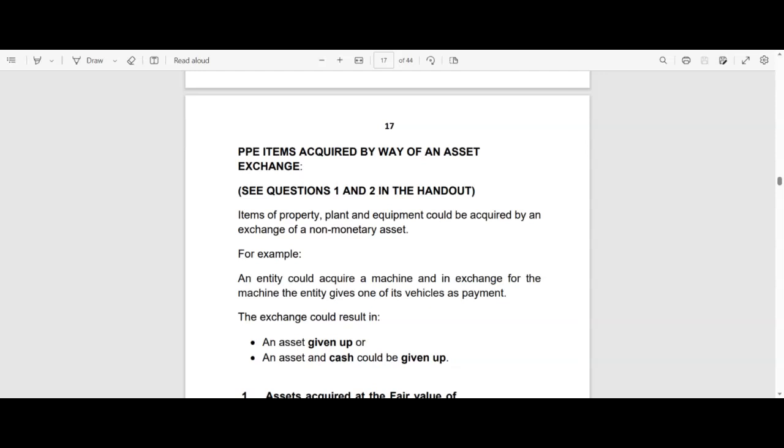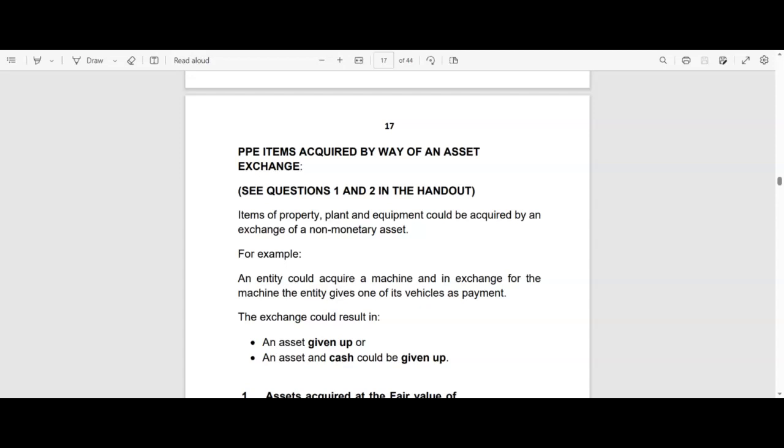There are three possibilities that make up your cost. I'm going to repeat them; you don't need to type them. First of all, your purchase price. Secondly, directly attributable cost, which we went through last week.